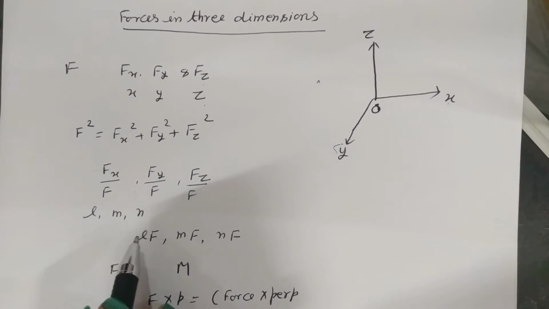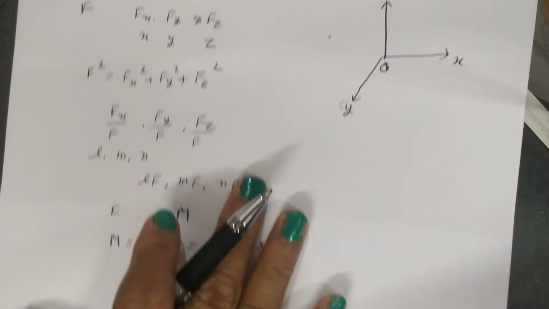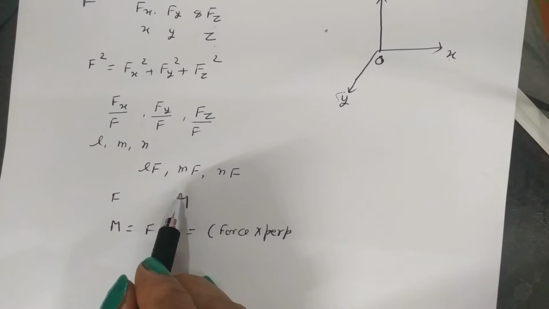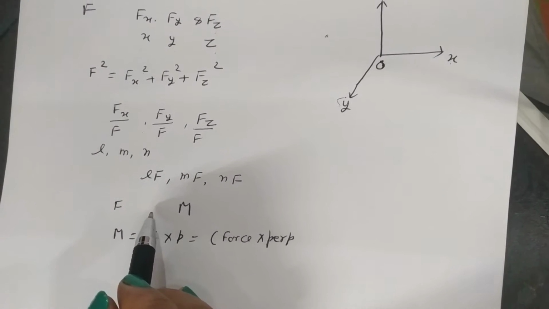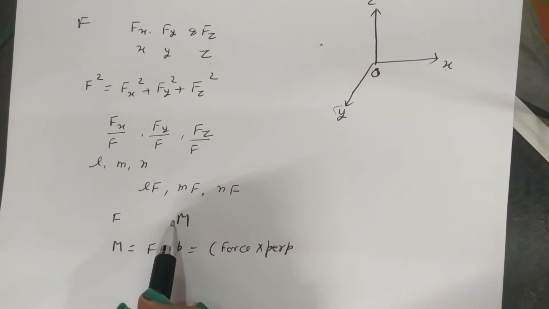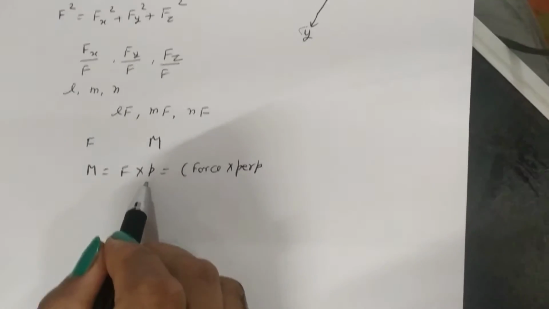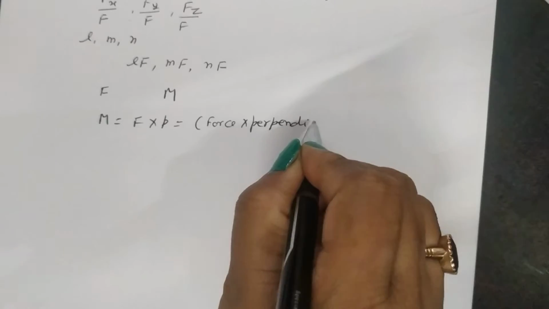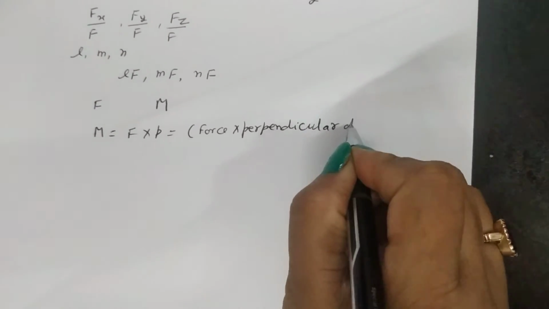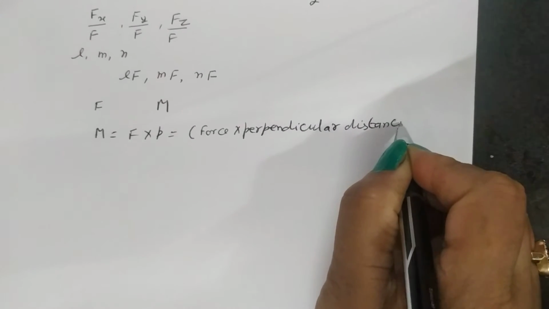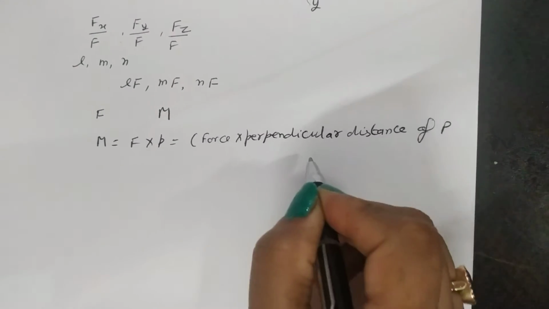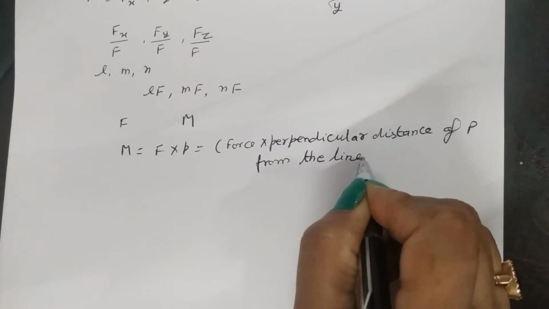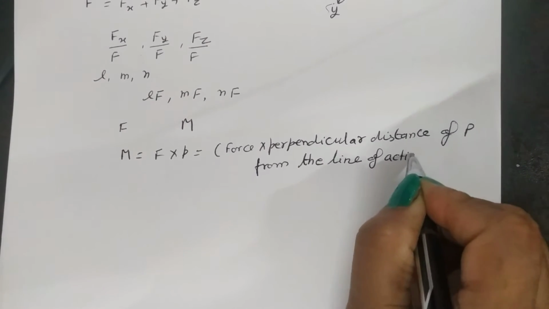And if l, m, n are the direction cosines in the directions of x, y and z, then these are defined as Fx by F, Fy by F and Fz by F. If M is the moment of a force F about a point P, then it is defined as M equal to F into p, which is the force into the perpendicular distance of P from the line of action of the force.